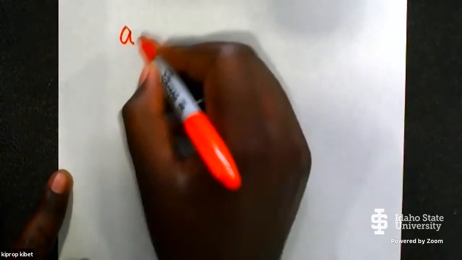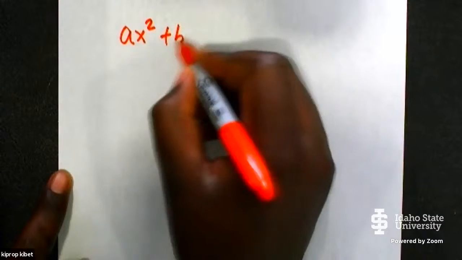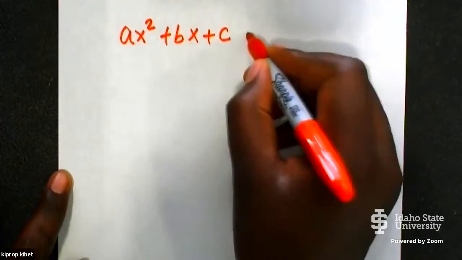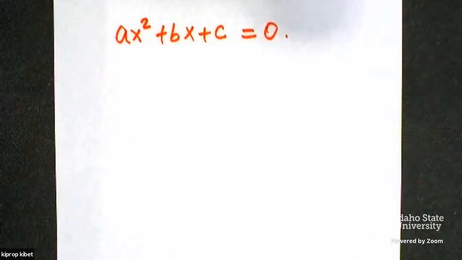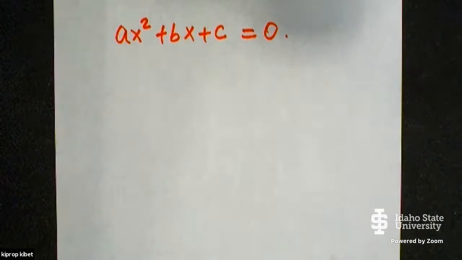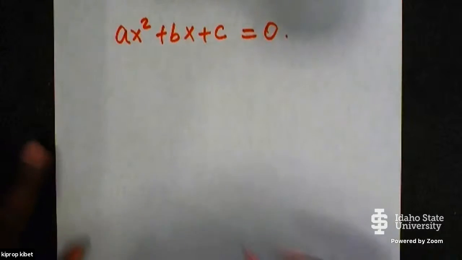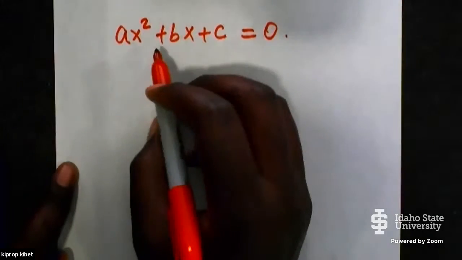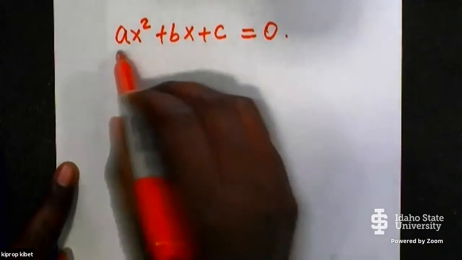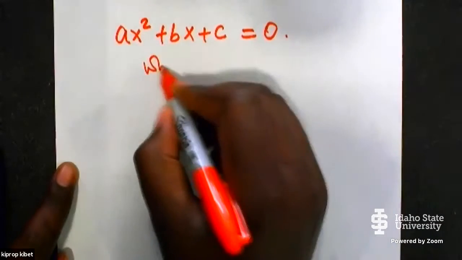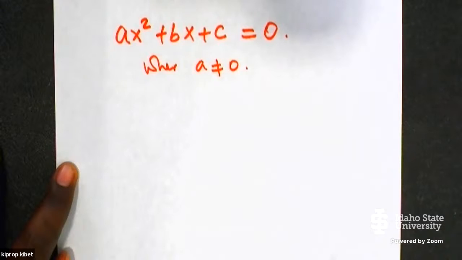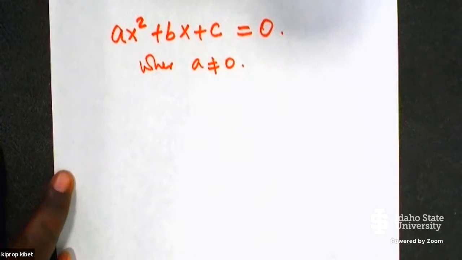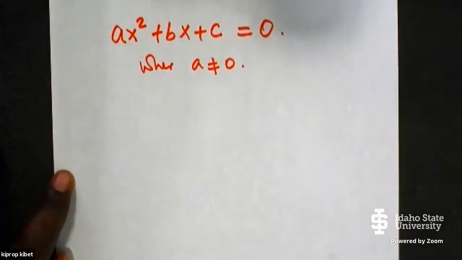Now, if our quadratic equation is of this form, ax squared plus bx plus c equals 0, where a is not equal to 0, then it becomes a quadratic.